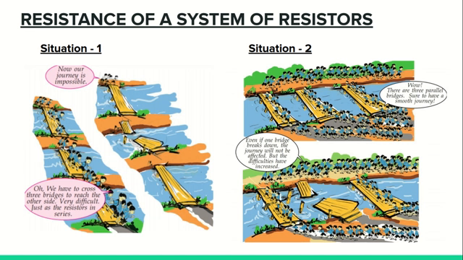It cannot pass through the three resistors. Whereas if the three resistors are placed in parallel to each other, even if one resistor doesn't work, the current can pass through the other two resistors.